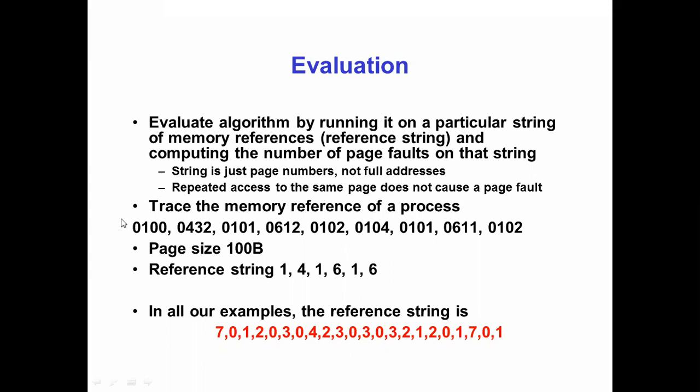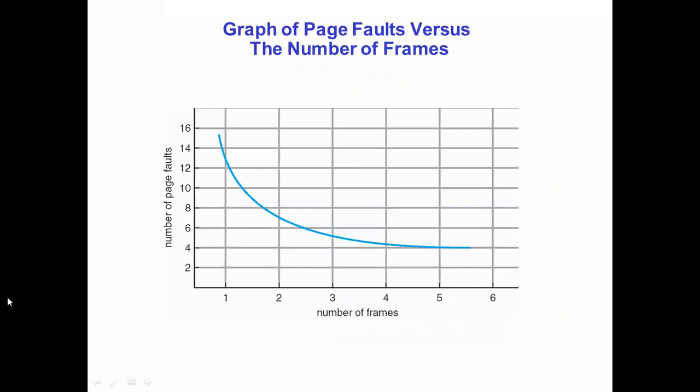Here the page size is fixed, 100 bytes, and the reference string is this. Now you can check here the graph between the page faults versus the number of frames. How many frames are available in the physical memory? Inside the RAM, it is divided into a number of frames, memory blocks.